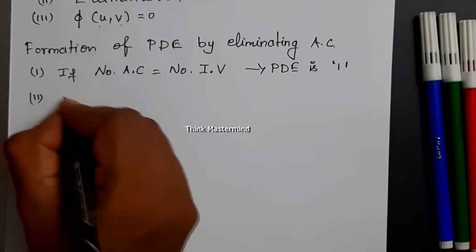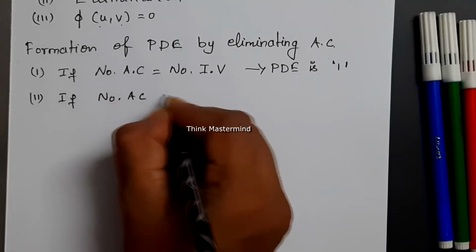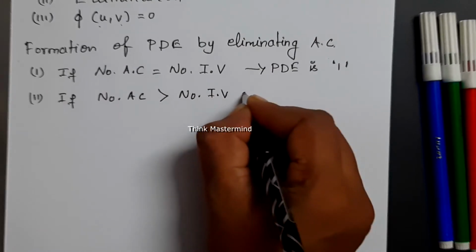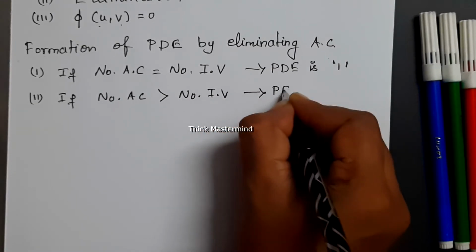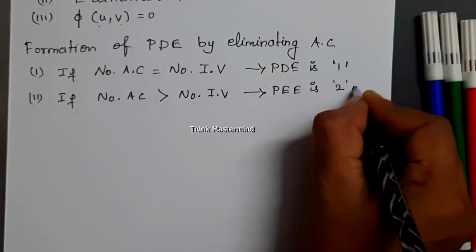Second case, if the number of arbitrary constants is greater than the number of independent variables, then your partial differential equation is of order 2 or more.